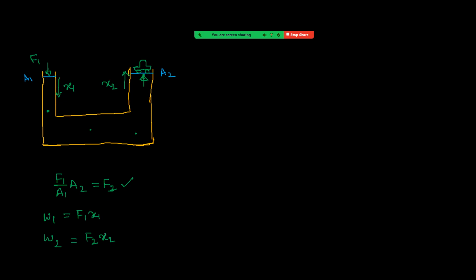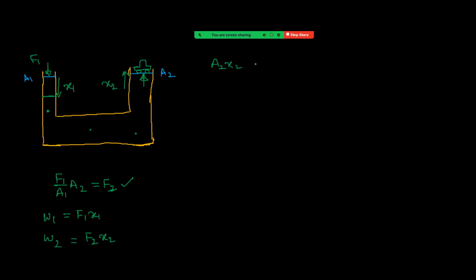Now focus on how to get the relation between x1 and x2. If this piston comes down by x1, we are missing this part of the volume. This missing volume must reflect in this part. So if it moves by x2, the corresponding increase in volume is A2 into x2.